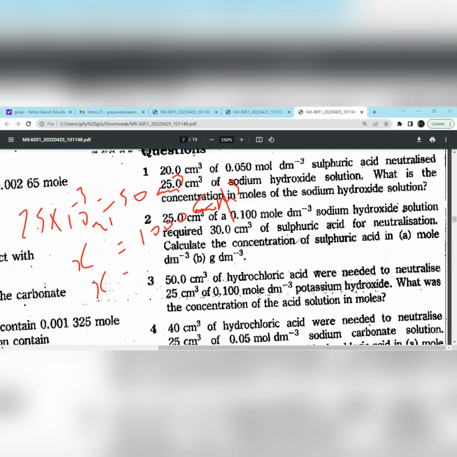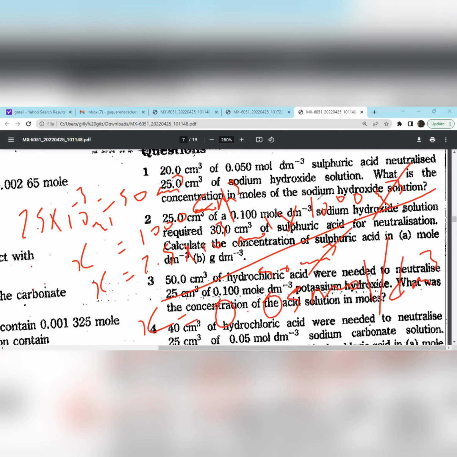So X would be equal to 2.5 times 10 to the minus 3 moles times 1,000 centimeters cube divided by 50 centimeters cube. Centimeters cube cancel. And so X is equal to 0.05 moles. And of course, since this is in 1,000 centimeters cube, we can say moles per dm cube. So that now would be the concentration of our hydrochloric acid.